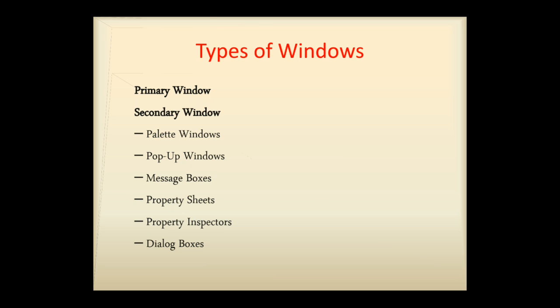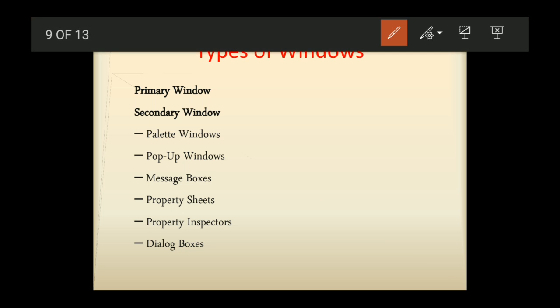Yesterday we saw two examples of secondary windows: the palette windows and the pop-up windows. Today we shall briefly discuss the rest of the examples. We also have dialog boxes. These dialog boxes are used to obtain additional information needed to carry out a particular command or task, right?